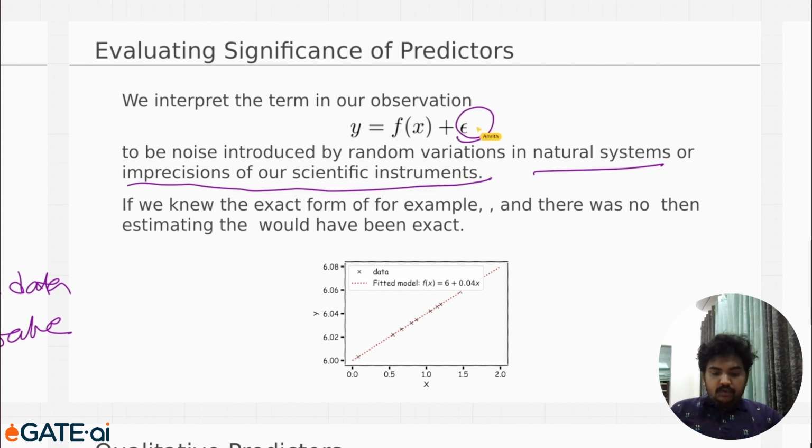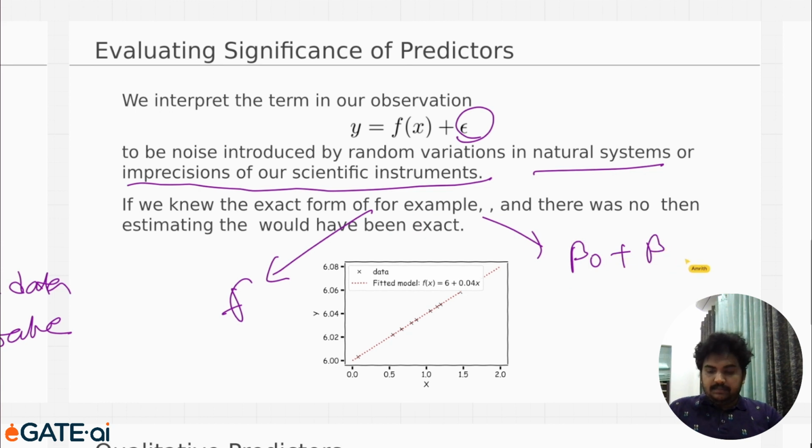If we knew the exact form of f, for example f of x is nothing but beta 0 plus beta 1x, then there was no need for this epsilon, and no need for estimating epsilons, as the betas would have been exact.